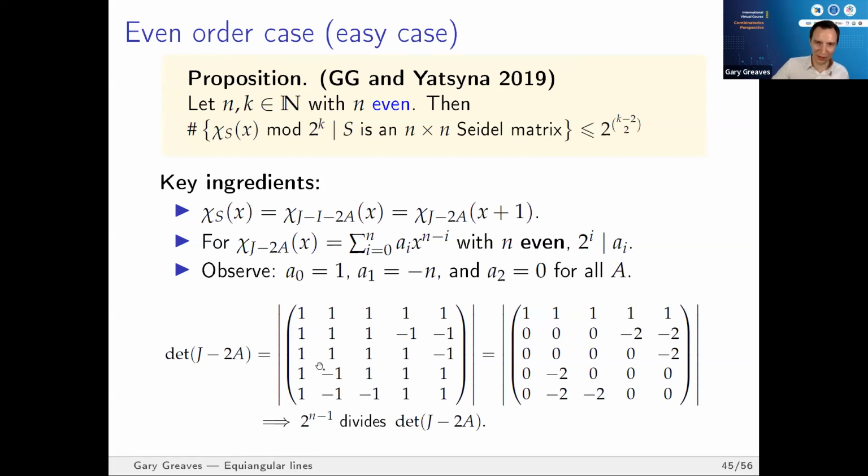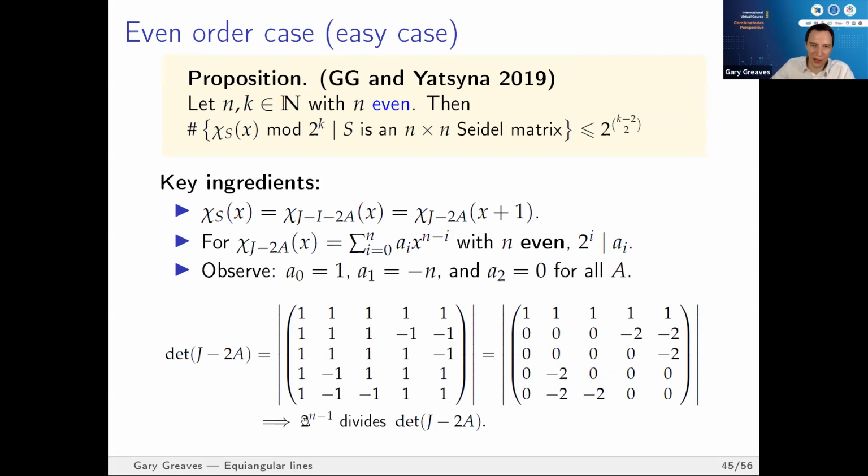To work out the determinant, you can do some elementary row operations, and that preserves the determinant. Here I can subtract the first row from all the other rows. The first row stays the same, but these 1s become 0s, these minus 1s become minus 2s, and so on. So all the entries below the first row are going to be equal to 0 or minus 2.